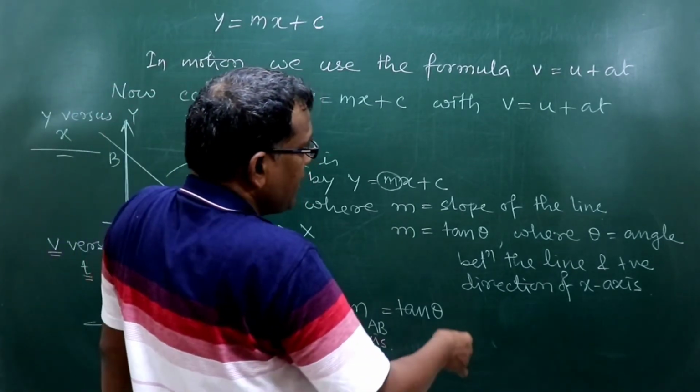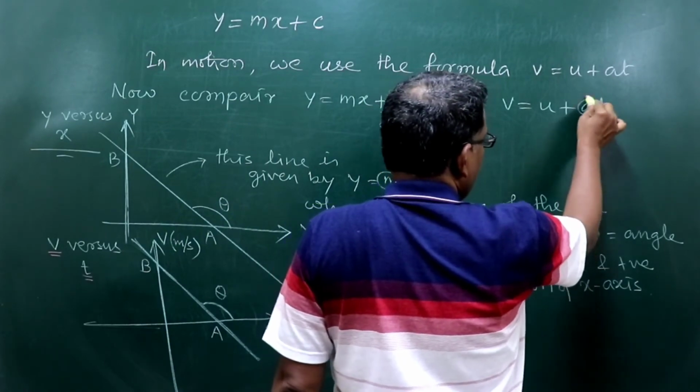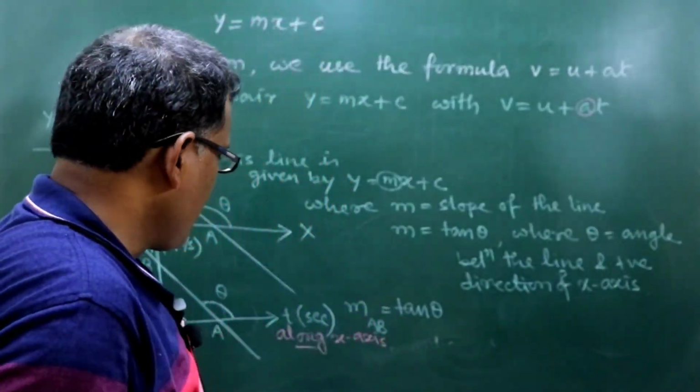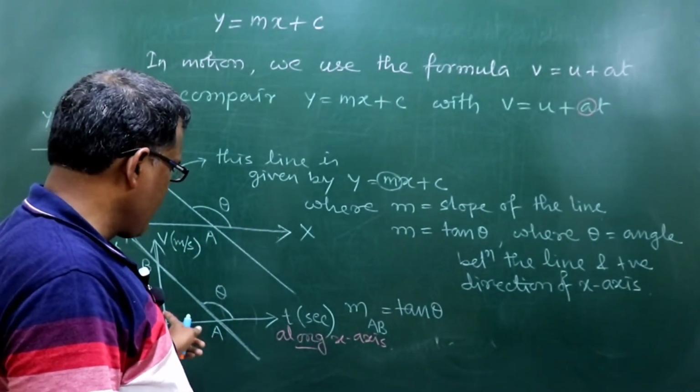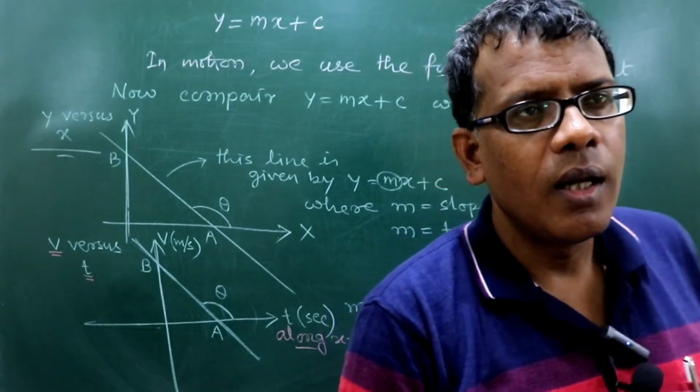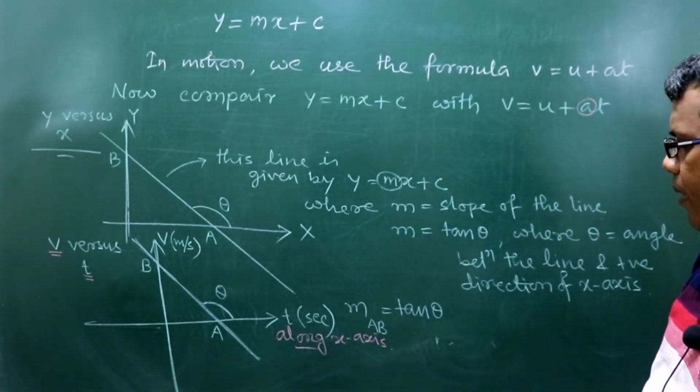So the term appearing as the multiplying factor, the coefficient of t, must be representing the slope of this velocity time graph. Are you getting me?